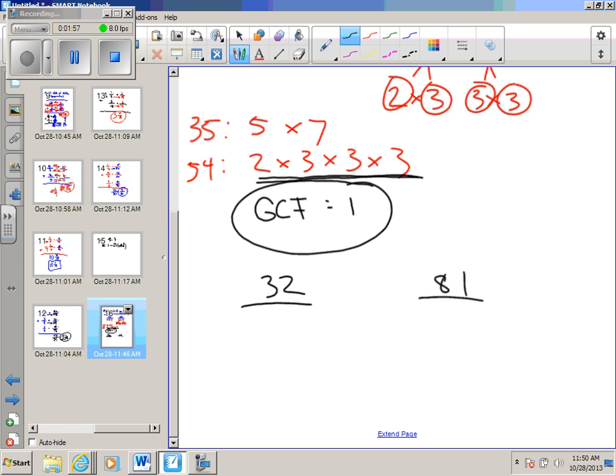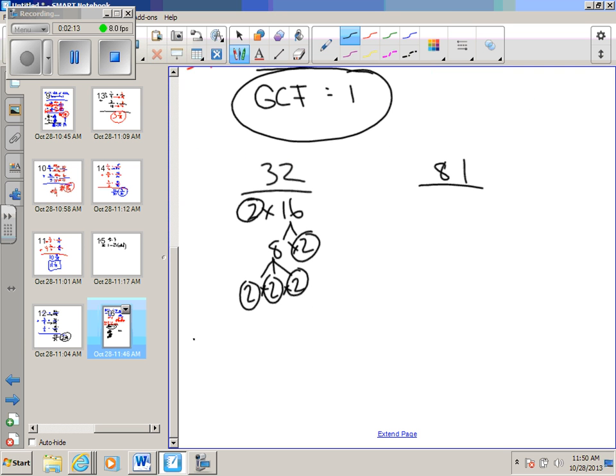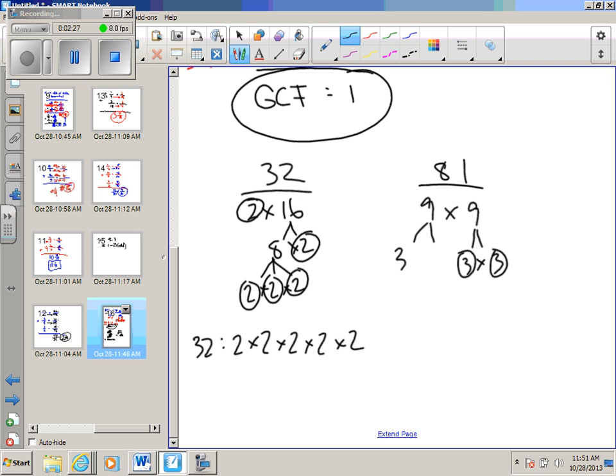32 and 81. Again, we'll start with the prime factorization. I realize that 32 is actually 5 2s. 81 is actually 4 3s.